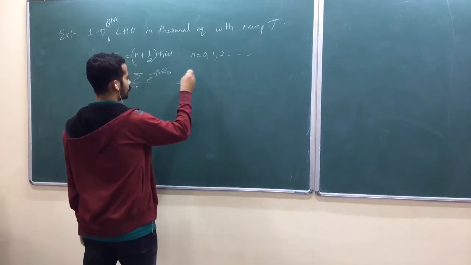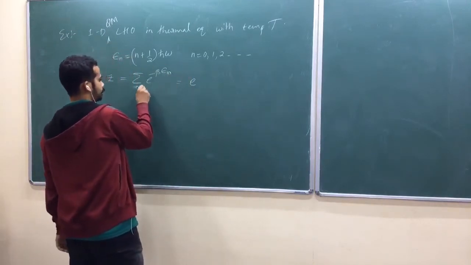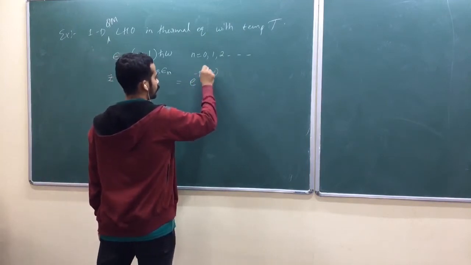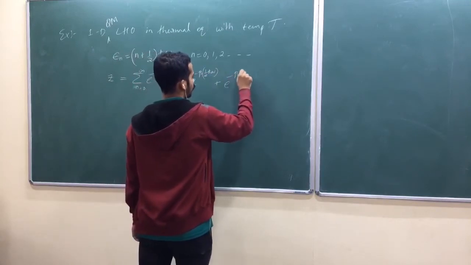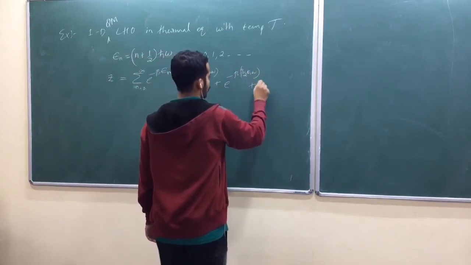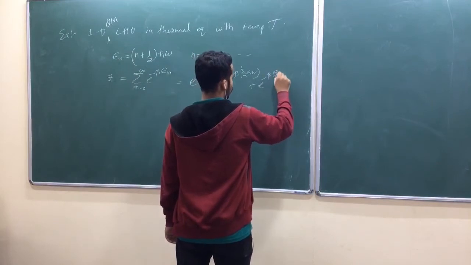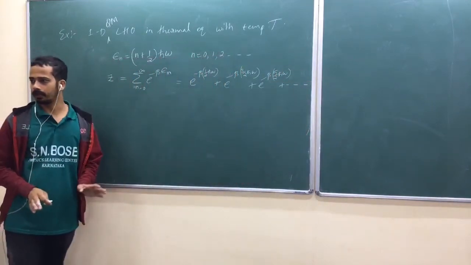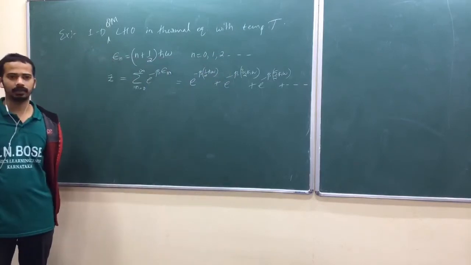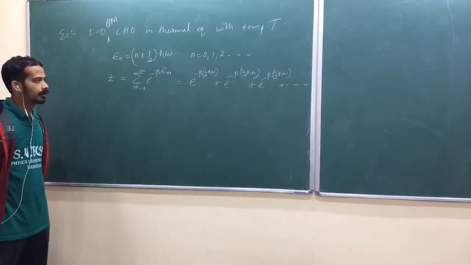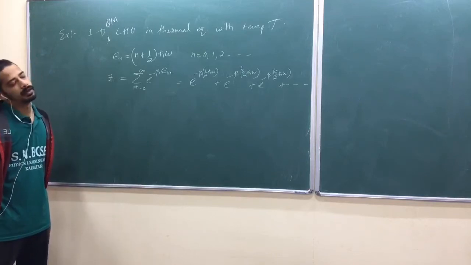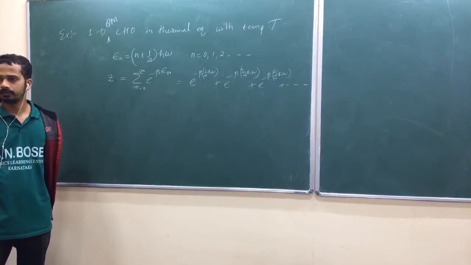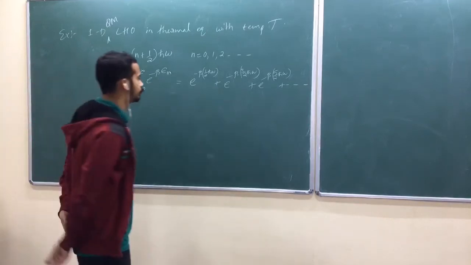Now what is this one? The first energy gives e raised to minus beta half h bar omega, plus e raised to minus beta 3 by 2 h bar omega, plus e raised to minus beta 5 by 2 h bar omega, and so on. Once you find the partition function properly, you can find the average energy quickly, isn't it? This is a geometric progression, but it is better to use a binomial expansion.